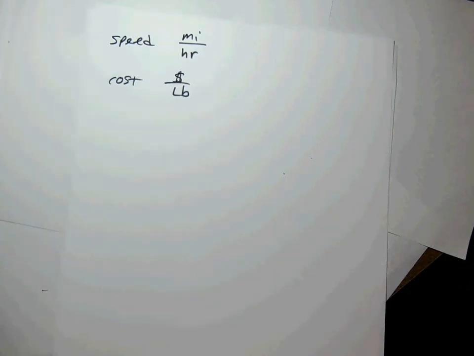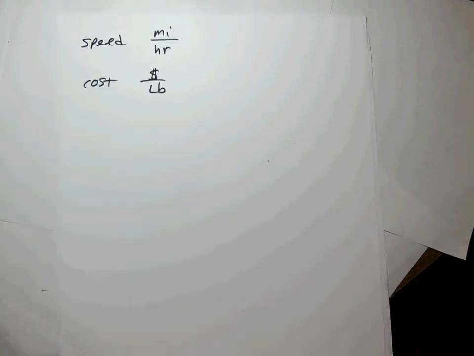If I'm assembling something on an assembly line, I can assemble so many products per minute, per hour, per day, per something. That's a rate. A rate always has that kind of fraction attached to it.